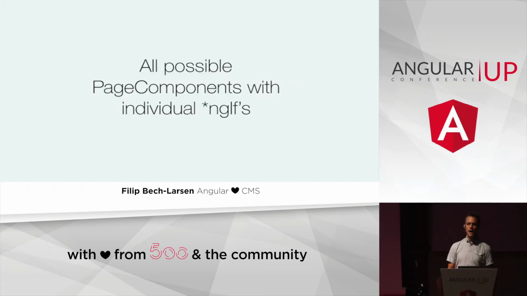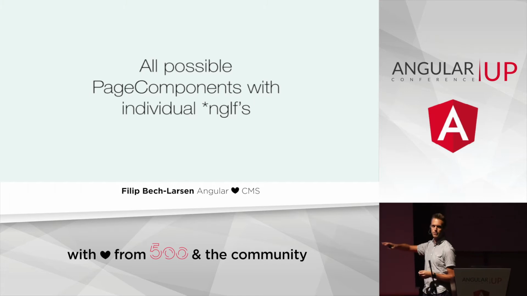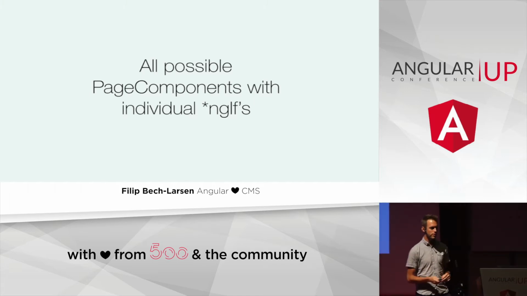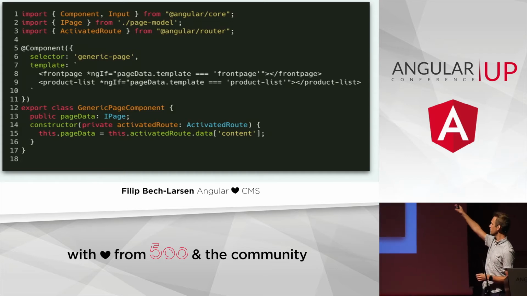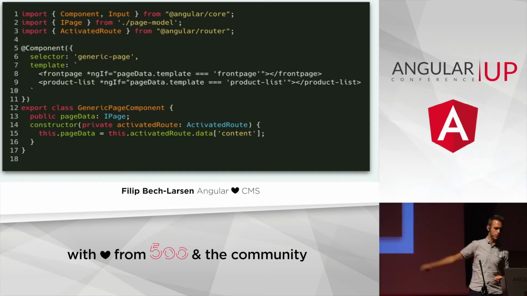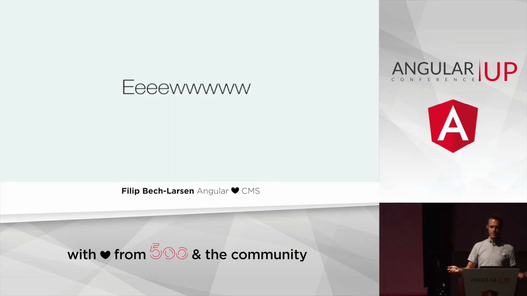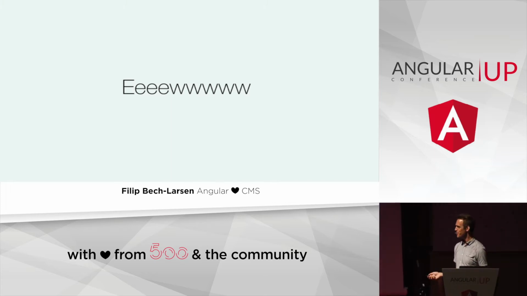So I thought, how about we make a template where we put all the components that you should be able to load as individual components and put ngIfs on them. So something like this, where we have a front page, which we will use if the template name is front page, and so on and so forth. So again, this is not very pretty, but it works, and it's sufficient for a prototype.